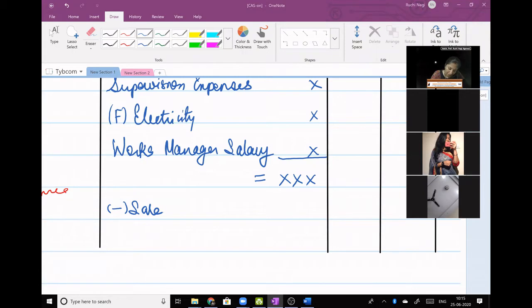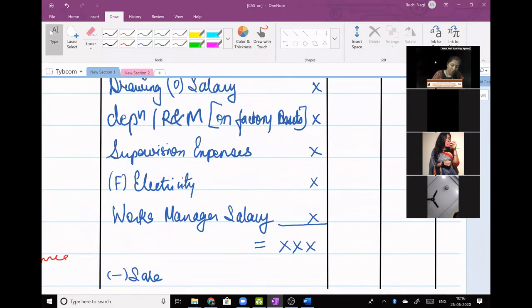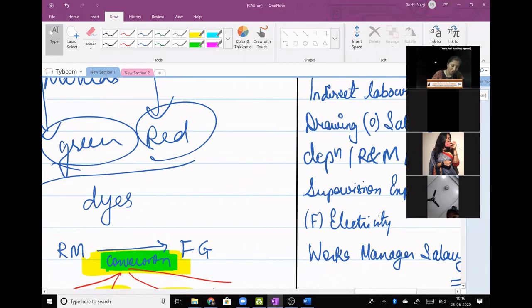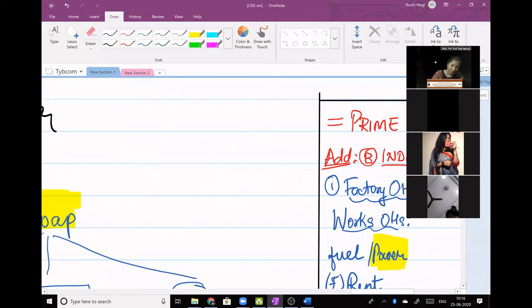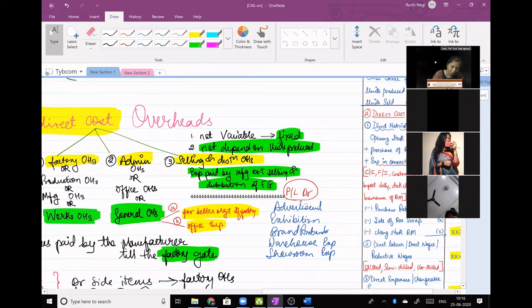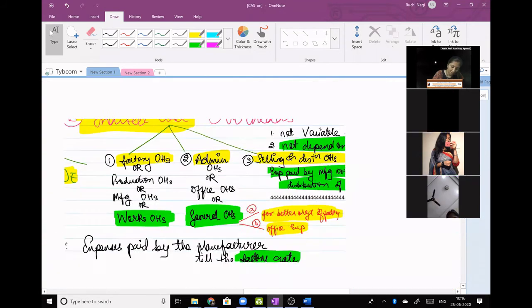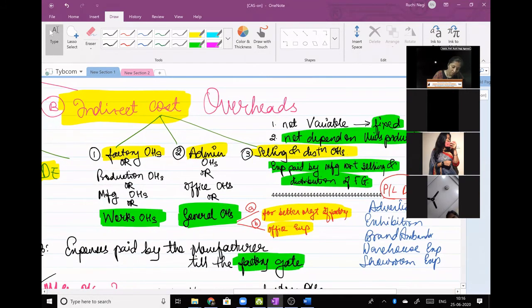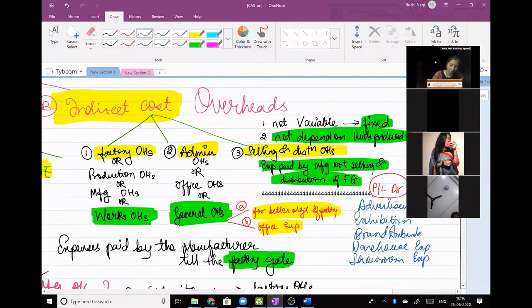Factory overheads is a part of indirect cost or it will come under separate overheads? Aradhya, factory overheads is a part of indirect cost. See, I'll show you here. Look at this. We did this last lecture, right? Inside indirect cost, what is there?